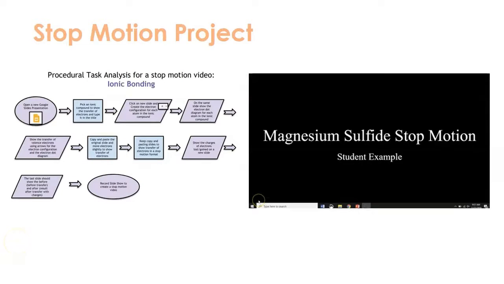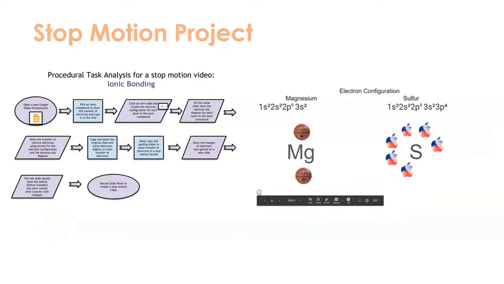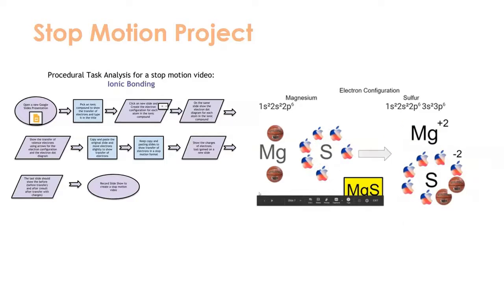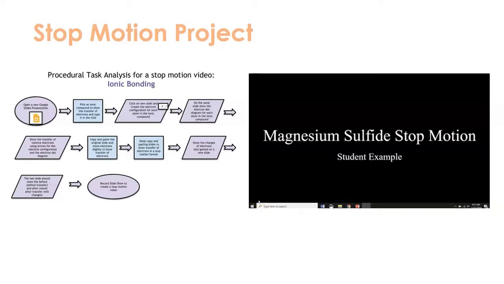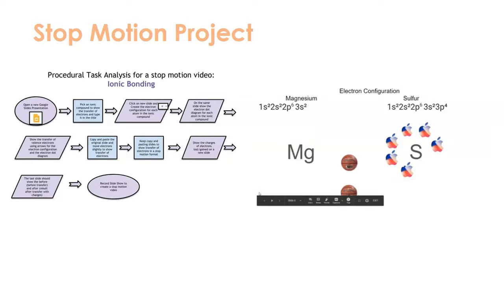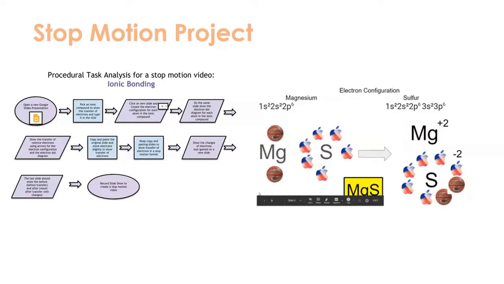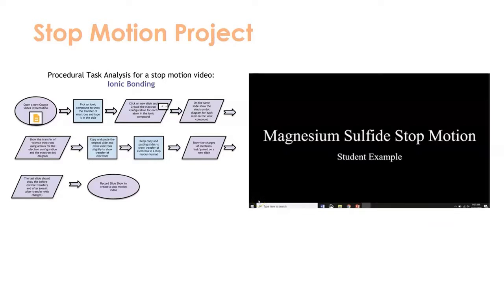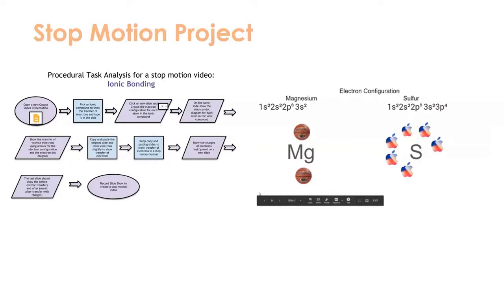So this is my stop motion project, which is going to really assess the different learning evidence that the students are going to overcome. On the right side, I have an example of the stop motion project from an example student. And then I have this procedural task analysis that I created for my previous assignment. It compiles together to basically use all the information that they learned in the content videos and the lessons.